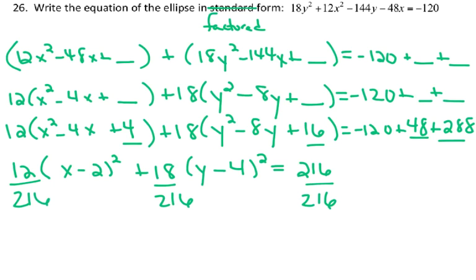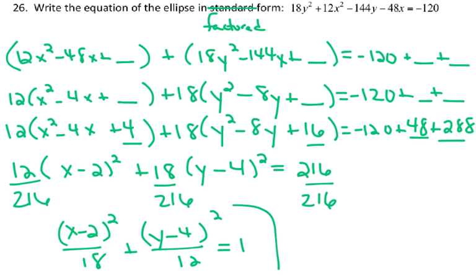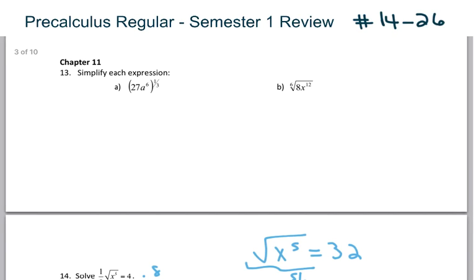In other words, we reduce those fractions. So 12 over 216 reduces to 1 over 18. 18 over 216 reduces to 1 over 12. And there's my equation in standard form or factored form. And that's the Semester 1 review, problems 14 to 26.